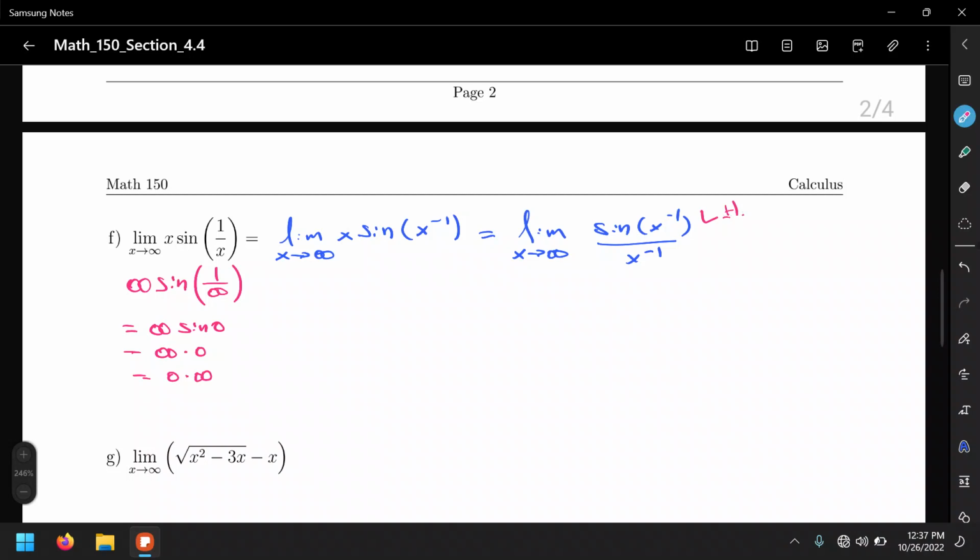All right? That is, differentiate the numerator, differentiate the denominator. Well, the derivative of sine, which is cosine of x to the negative 1, but by the chain rule, what's the derivative of x to the negative 1?